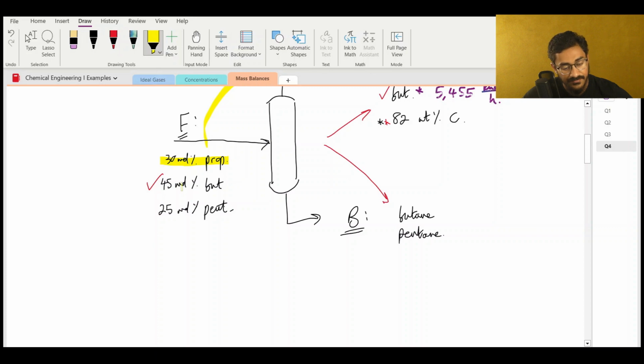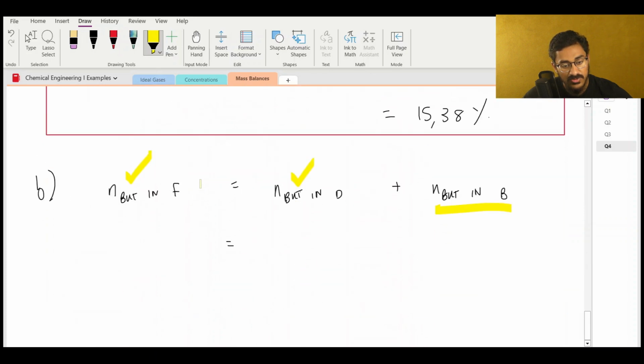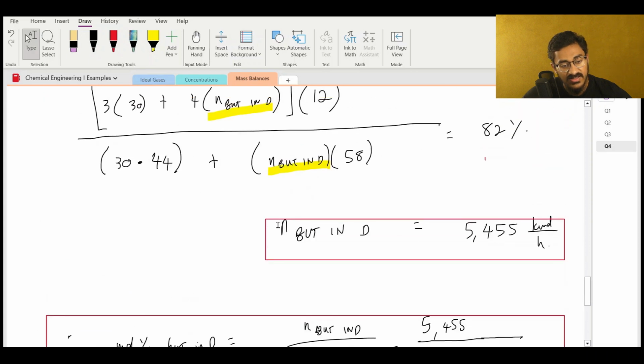45 mole percent. So there's 45 kilomoles per hour, right? Still using a basis of 100 kilomoles per hour feed. Okay, so we've got 45 kilomoles per hour coming in the feed. And how much butane is in the distillate? Let's see.